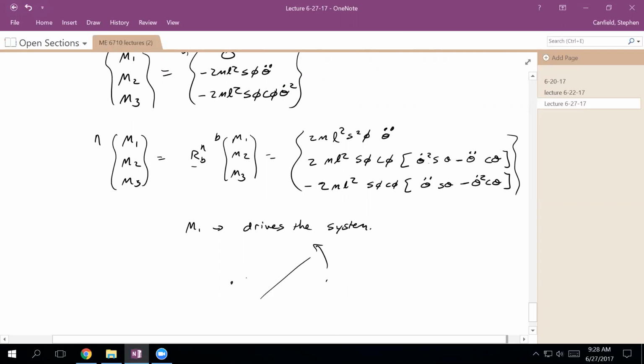Okay. So you can kind of see M2, M3. Get a handle on at least some intuition on how these things are driving, but this gives us the moments to solve each of these.